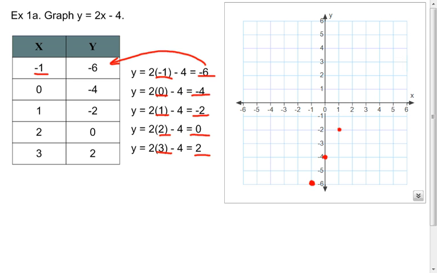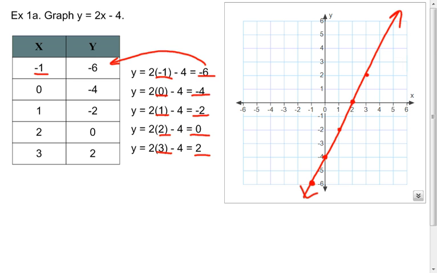X is 2, y is 0. X is 3, y is 2. Now, take a look at that equation that we started with. The last step is connect it with a line. Line goes all the way across. Okay.